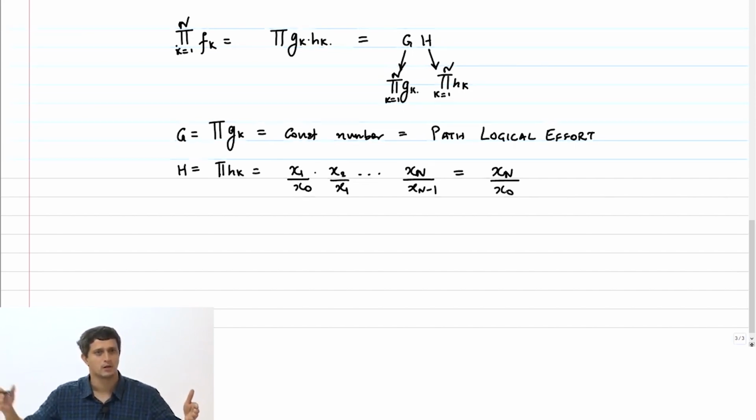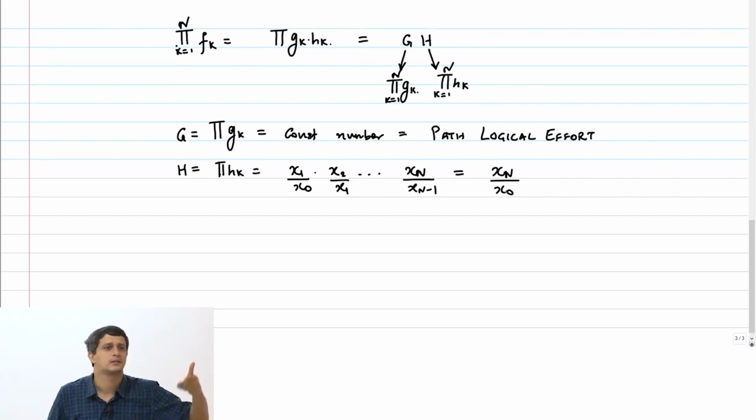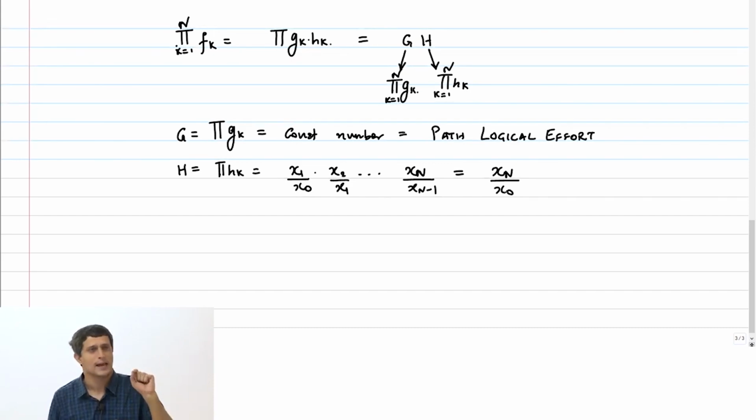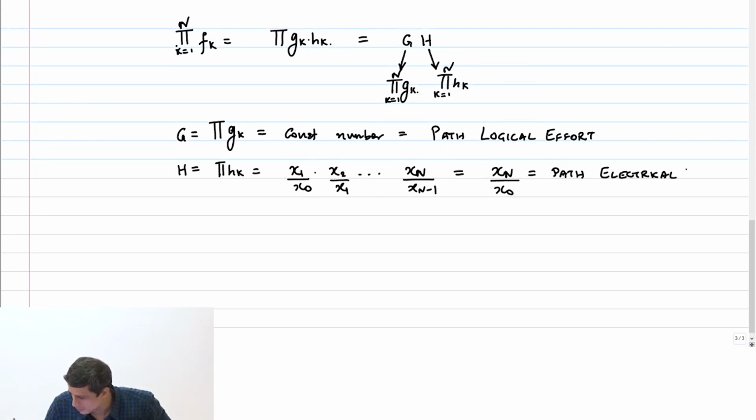We know that number. We know the first gate is, without loss of generality, I said assume that's a unit gate, or that size is also known, therefore the capacitance is known. X0 is known. Therefore this capital H, which is the path electrical effort, is also a constant which is independent of all the other variables.